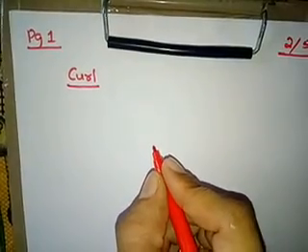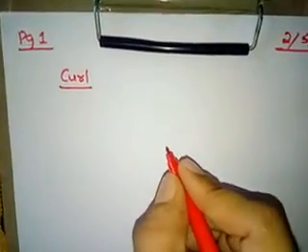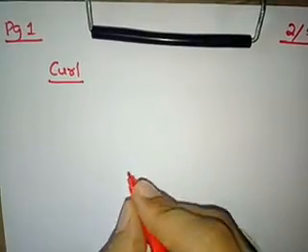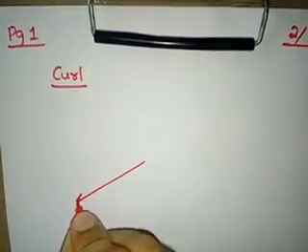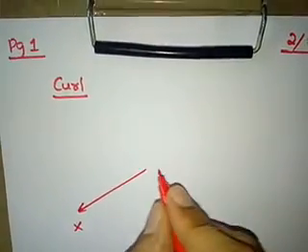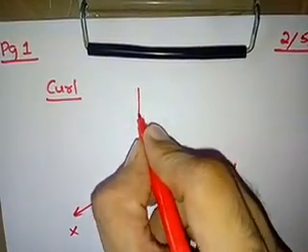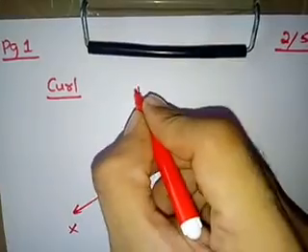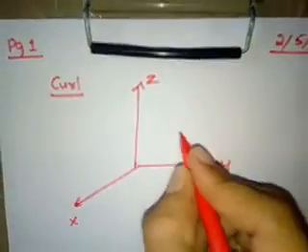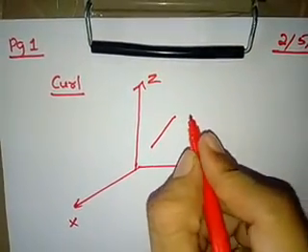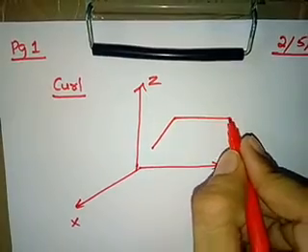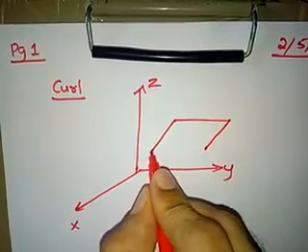Let us consider the differential surface element to derive the equation for the curl. This is the x-axis, this is y, this is z. We are considering the differential rectangular element. In three dimensions, it will be viewed like this.